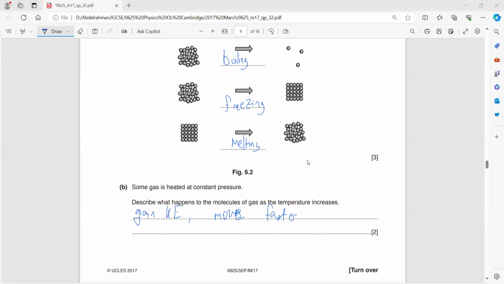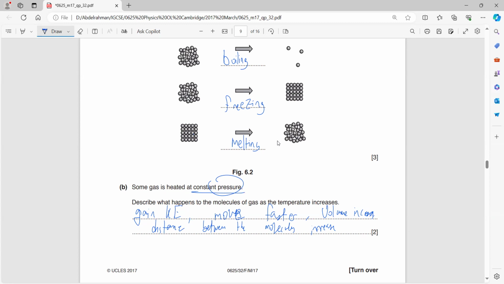And when I say constant pressure, move faster, you have to say that the volume increases, or the distance between the molecules increases. Volume increases. Pressure does not decrease. Pressure is constant.